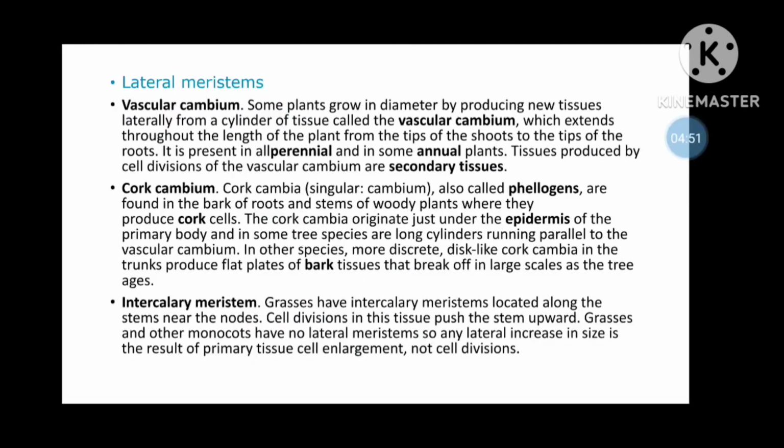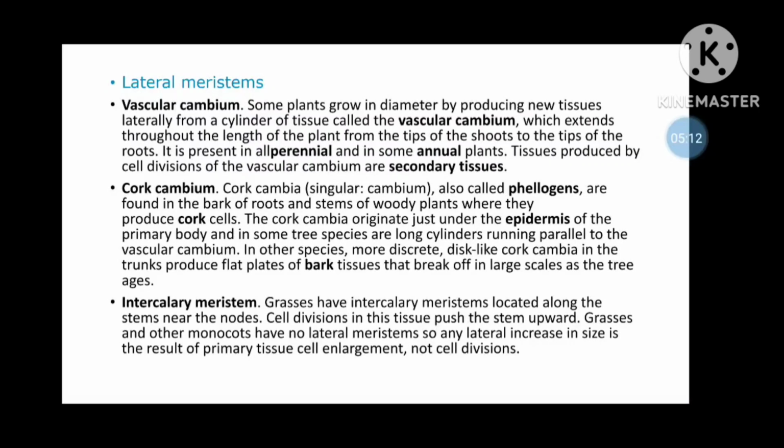Next is your lateral meristem. Lateral meristem is further classified into three parts. One is your vascular cambium, second is your cork cambium, third is your intercalary meristem.